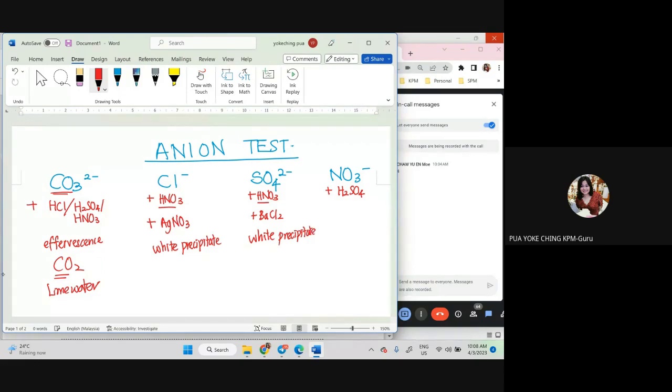Ini kalau tak nak HNO3, you tambah HCl pun boleh, tak ada masalah. Okay. So, why you get white precipitate for Cl? Because this is AgCl, which is insoluble salt. Untuk white precipitate yang sulfate, this is BaSO4, which is also insoluble.